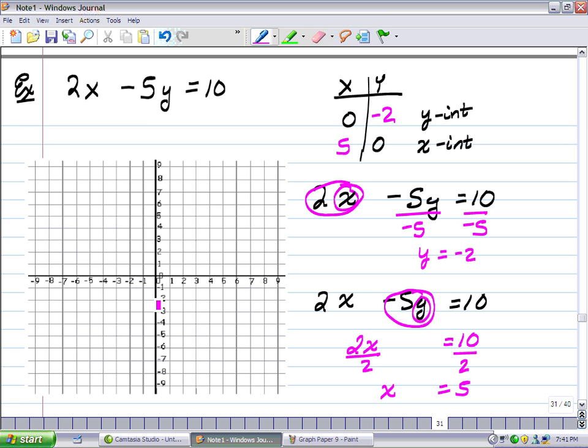So the y is negative 2, the x is 5, and I'm going to connect the dots, giving me my line. Much easier method than just choosing any old x and y. I'm choosing the x and y that are 0 so that I'm getting the intercepts and therefore quickly being able to graph the line. The next section we'll look at when y is alone on one side.